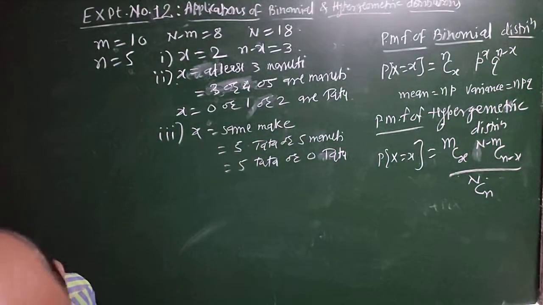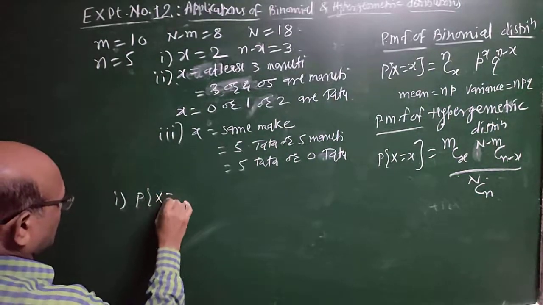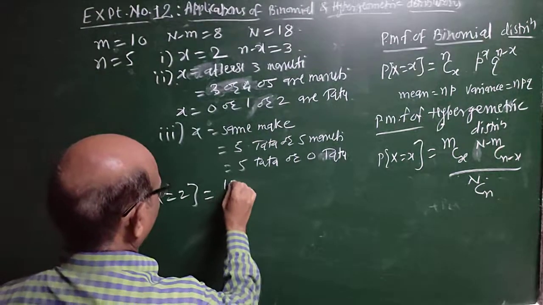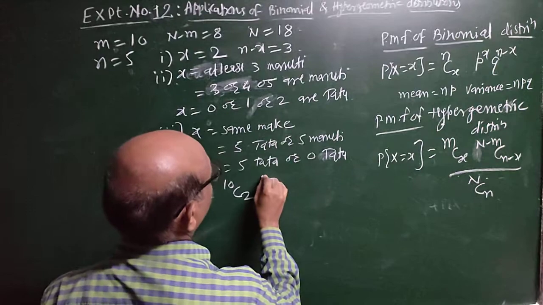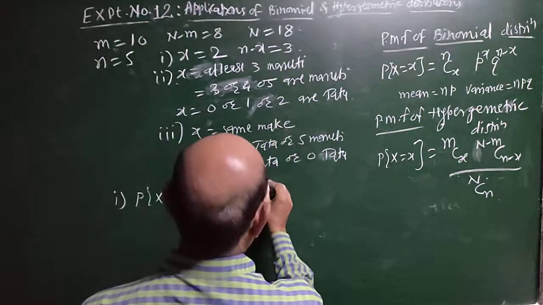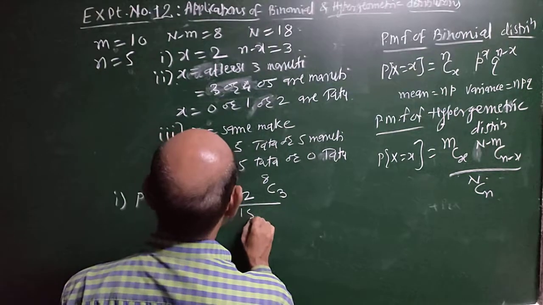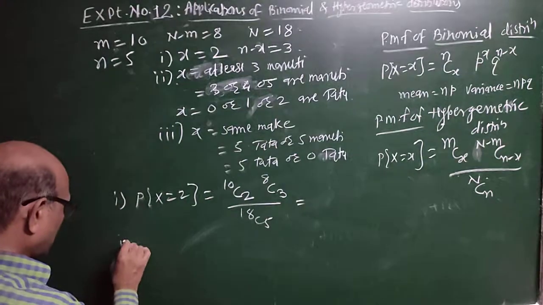Okay, now I will solve this. First part is probability X equal to 2 you have to obtain. So M is 10, 10C2, N minus M is 8C, remaining are 3, and total is 18C5. Whatever value you get, that is your first part.